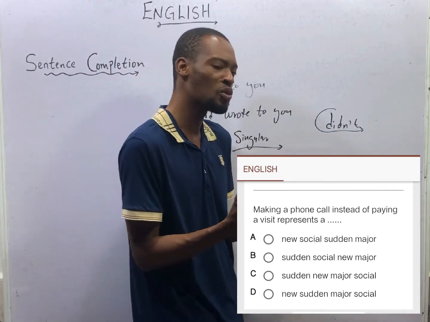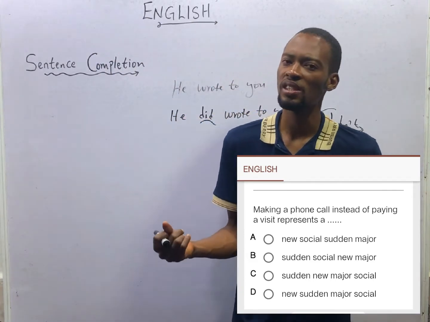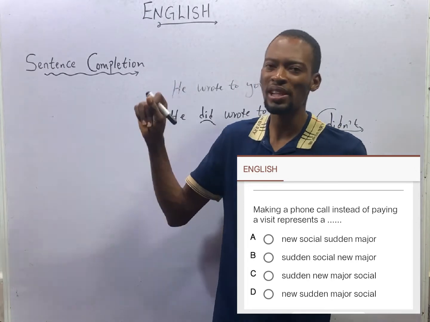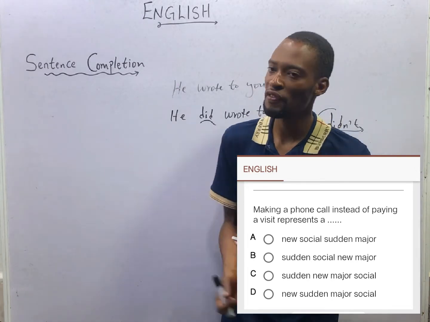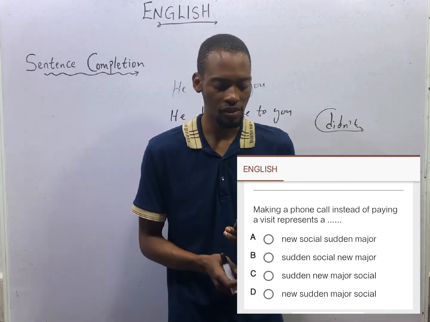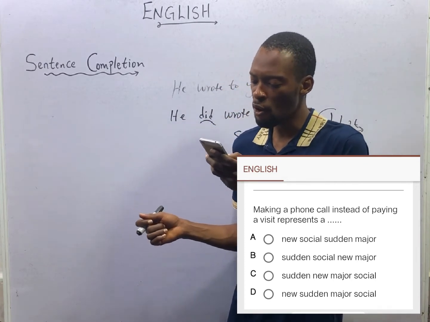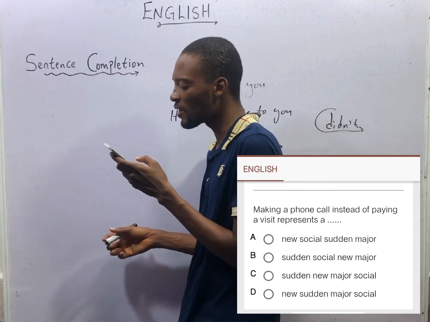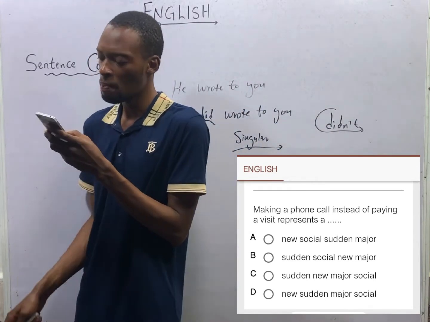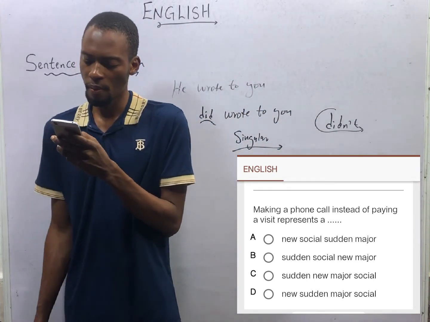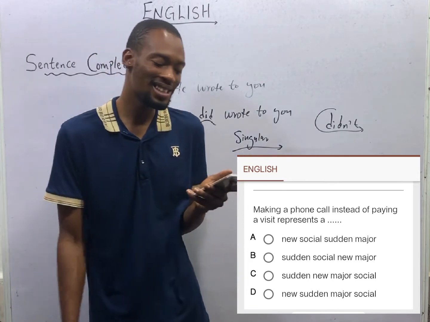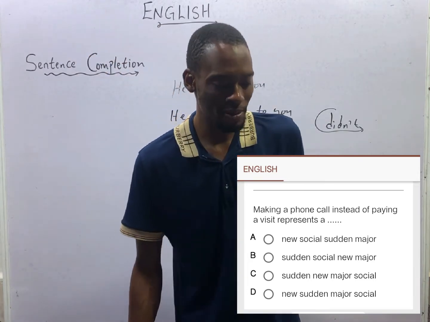I advise that you go back to episode 17 under sentence completion to look at the rules I gave for arrangement of adjectives. That will help you understand this. So, making a phone call instead of paying a visit represents a sudden new major social change. Option C is the correct option.